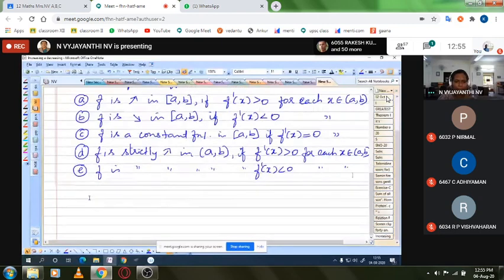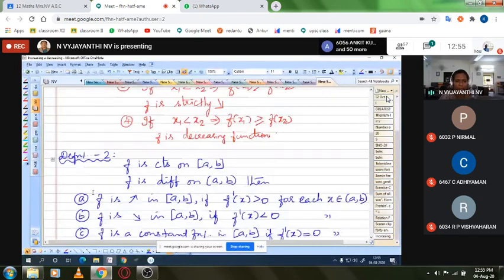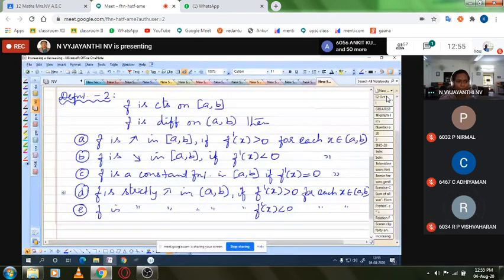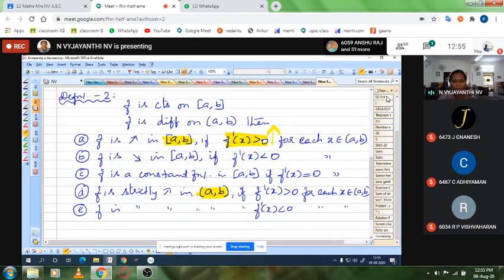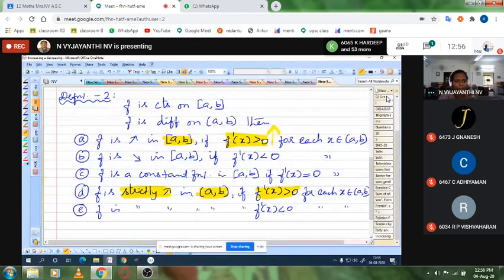Okay, can you understand? Yes, ma'am. So what we have to highlight here is, if you consider the closed interval, and in that closed interval f dash of x is greater than 0, then it is an increasing function. If you consider the open interval, and in the open interval f dash of x is greater than 0, then it is strictly increasing. It is not only increasing, it is strictly increasing.